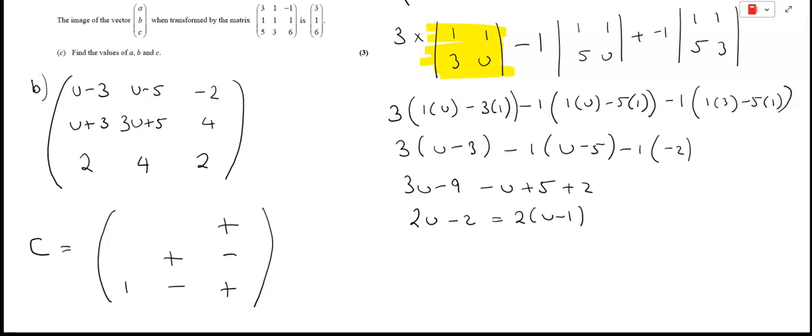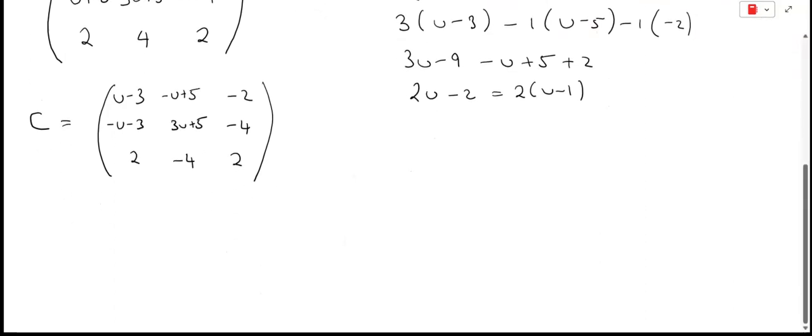So we leave 5 of them the same, and we times the other ones by minus 1. So that's going to be u minus 3. This is now going to be minus u plus 5. That's going to be minus 2. Minus u minus 3, 3u plus 5, minus 4, and 2, minus 4, 2.